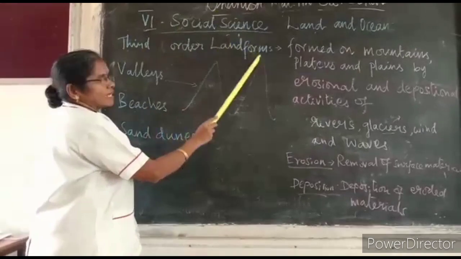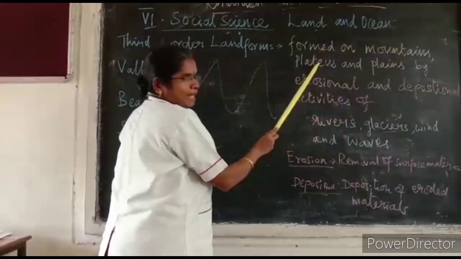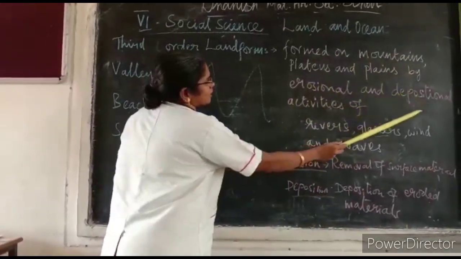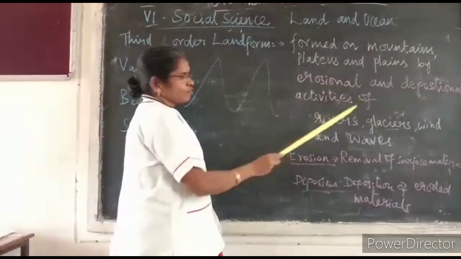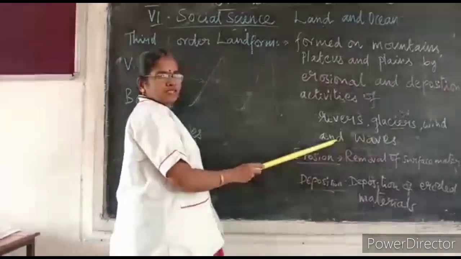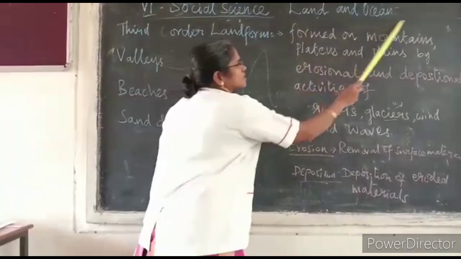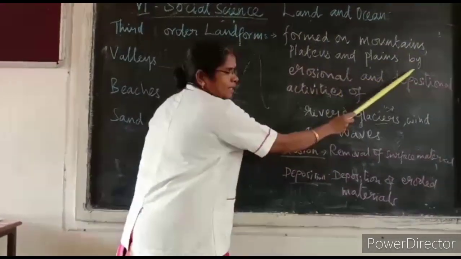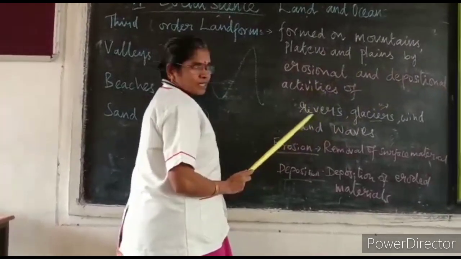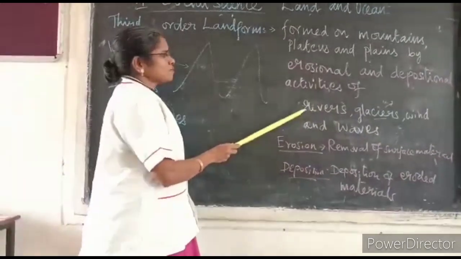So third order landforms are formed on second order landforms by erosional and depositional activities of rivers, glaciers, wind, and waves. So what is meant by river?